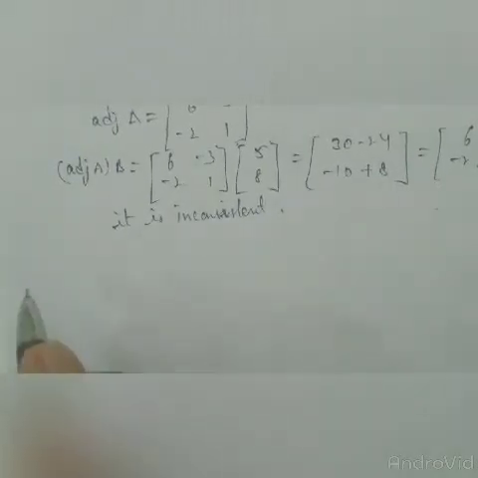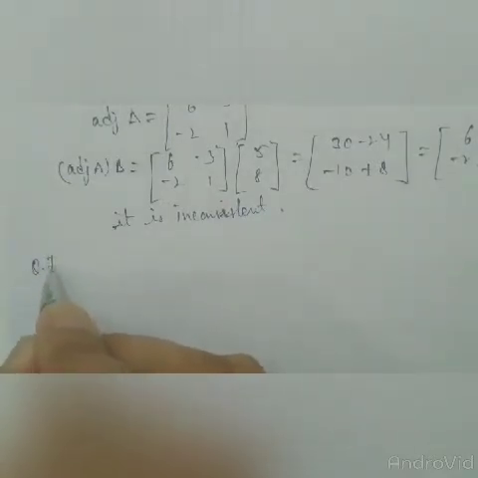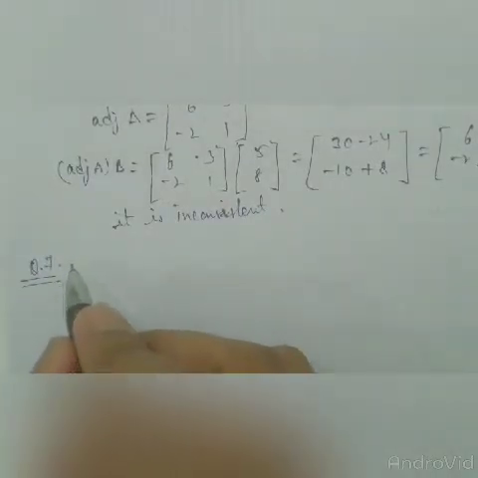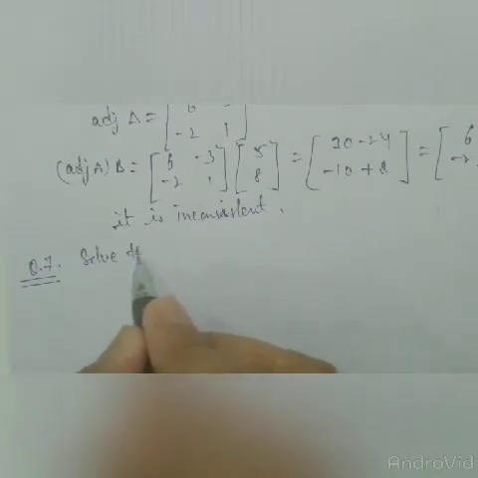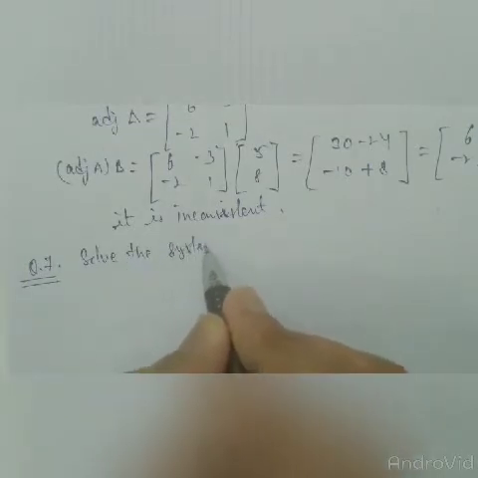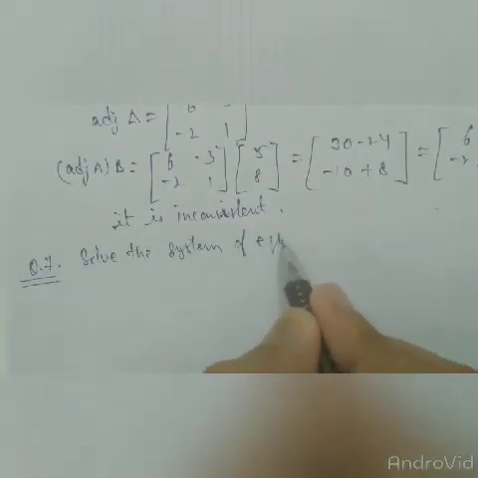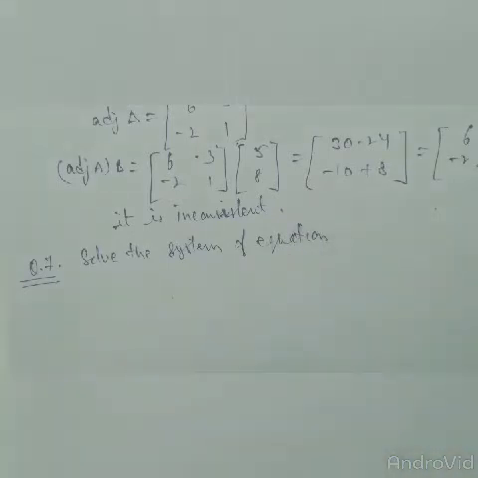Now question number 7. Solve this system of equations. For this I would like to find only two questions. One is 2 cross 2 and the other is 3 cross 3, and in that way you have to find the remaining questions.